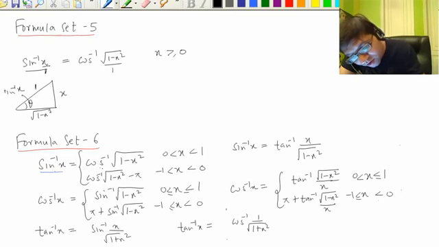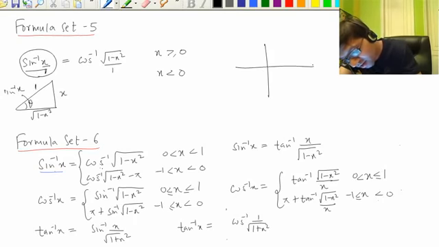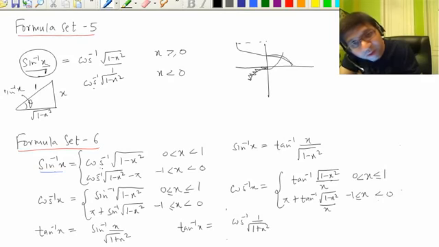For positive x this is fine, but when x is negative, sin inverse x is a negative angle. You know the graph of sin inverse x. For negative x, sin inverse x is negative, but cos inverse x is positive. So if you write it as cos inverse of root of 1 minus x square, this is wrong. It is between pi by 2 and pi, whereas sin inverse x is between minus pi by 2 and 0. So we need to subtract pi to bring it back.